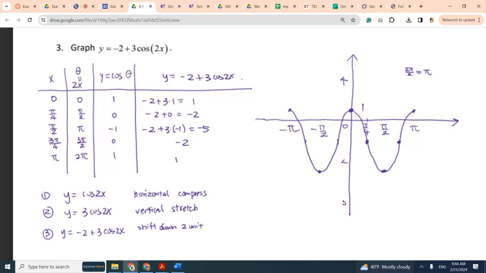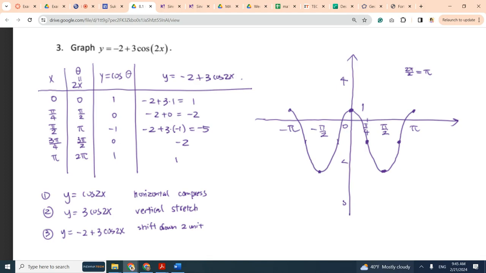So first step, write down the steps. Find the theta column. Second step, find the cosine theta column. And this is always fixed, no matter what the function is. As long as it has cosine, these 2 columns are fixed. You care about those 5 key points. Then, depends on your angle. Your angle theta is 2x.